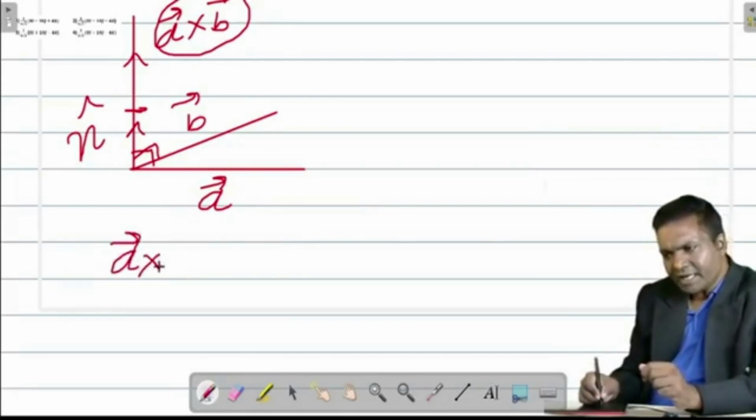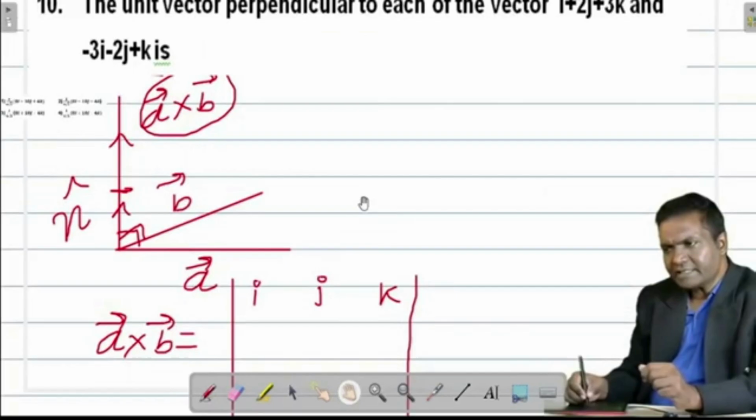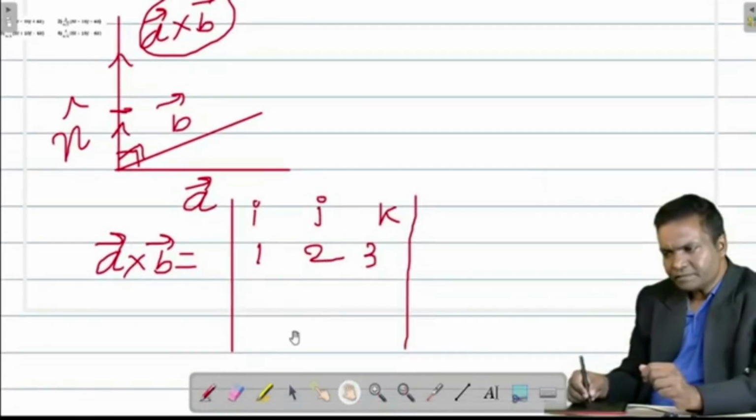So vector A cross B is given by the determinant with first row i, j, k, and second row 1, 2, 3 and minus 3, minus 2, 1.